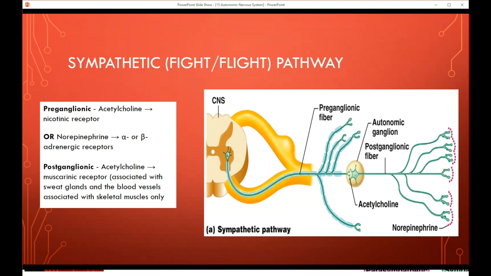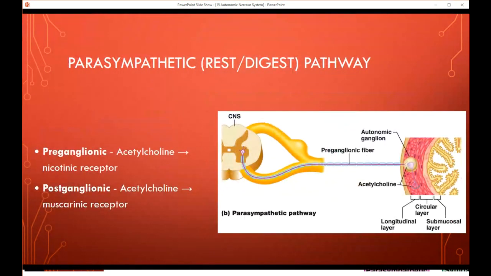The postganglionic fiber, once we get that acetylcholine, can also release acetylcholine out for the muscarinic receptors or norepinephrine, as you can see. And then we have the parasympathetic pathway here. So there's that really long preganglionic fiber. Here it's happening right here into a smooth muscle, so it's going to release acetylcholine.